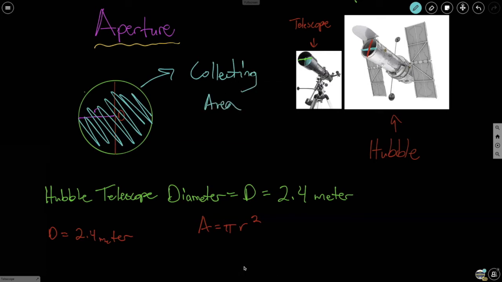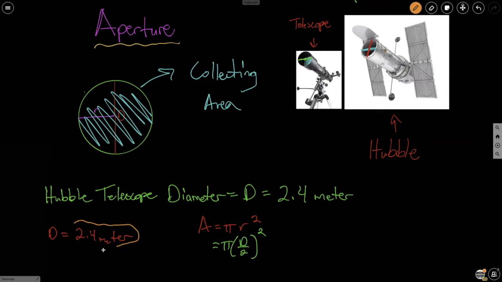We want to put it in terms of what we have. We know that the radius is half of the diameter, so I can just change this equation to use D, which is diameter, divided by 2, and it stays squared. Now we have our equation in terms of our known, which is what we want.